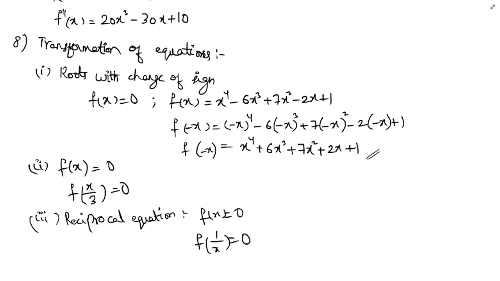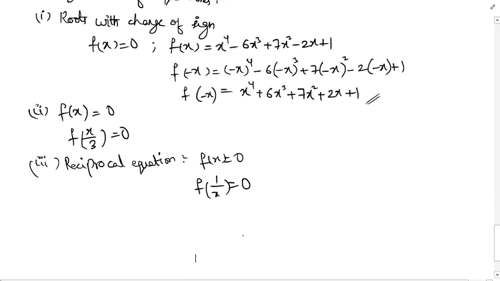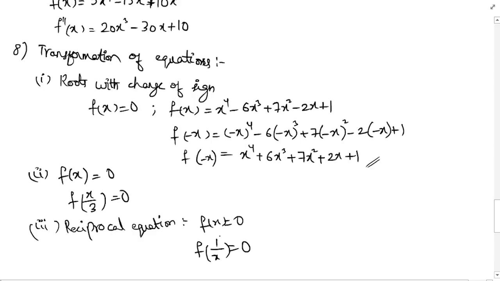Okay, and even in this we have the reciprocal equation of class 1, class 2. So we will discuss all these in our problems. Okay, so I'm not explaining you in detail here. For the reciprocal equation I have told that f of 1 by x is equal to 0.